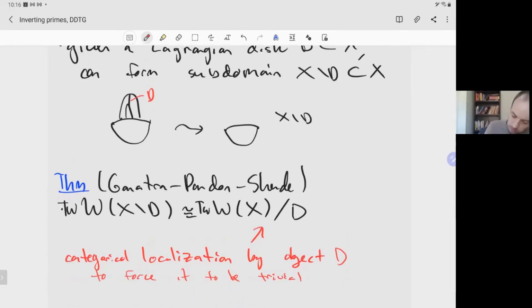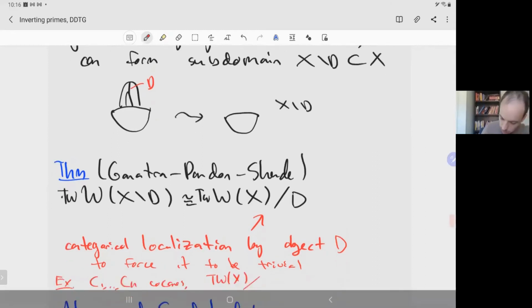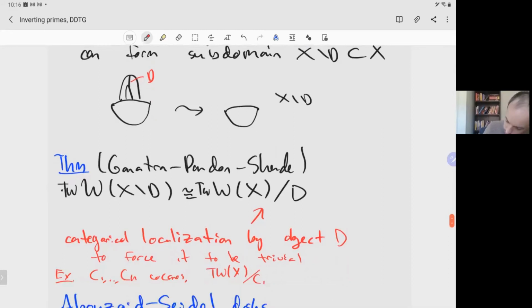Right, so maybe I should say an example. Suppose you have all of the co-cores. When you quotient out by all the co-cores, they generate, and so this quotient is actually 0.